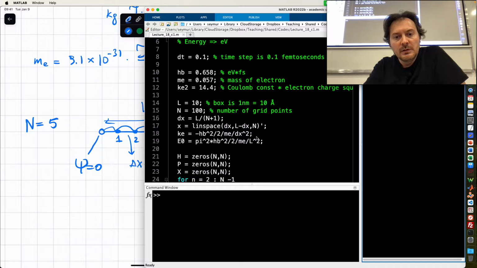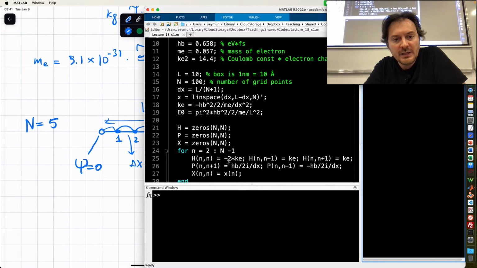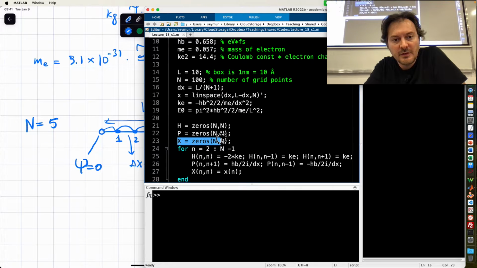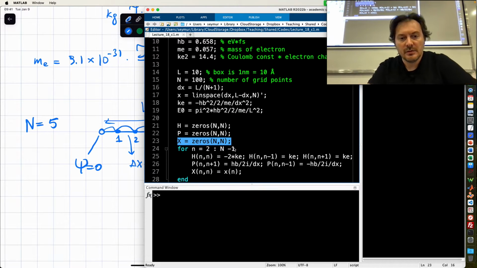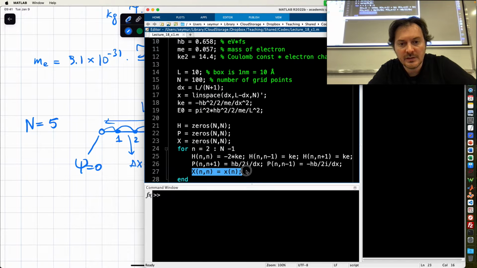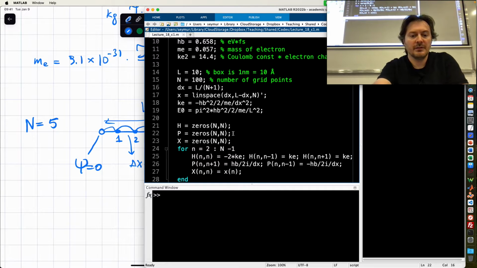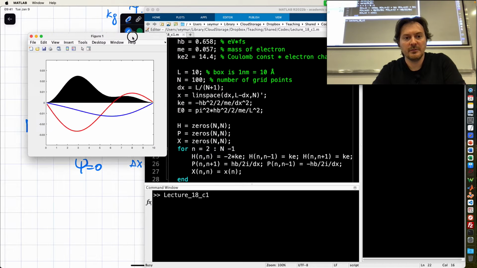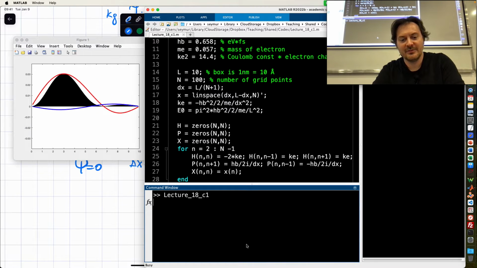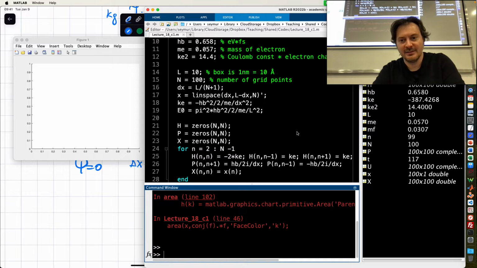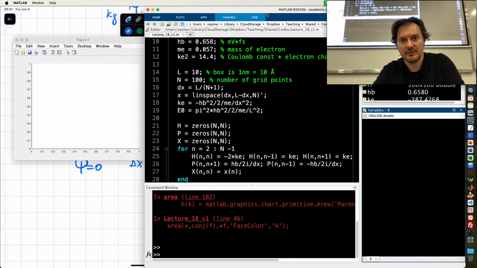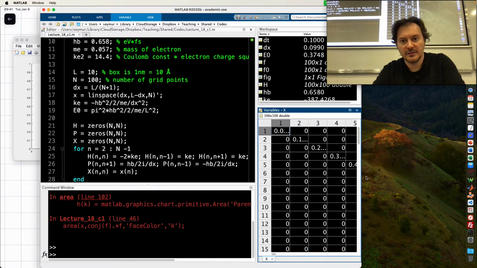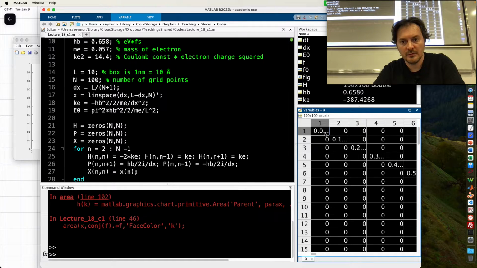So, for example, let's look at these matrices. X is n by n of zeros, right? It starts like that, but then I put in the diagonals xn's. Let me run this so that we get our matrices. It's this famous or infamous program. If you look at X, it's basically some numbers in the diagonal.